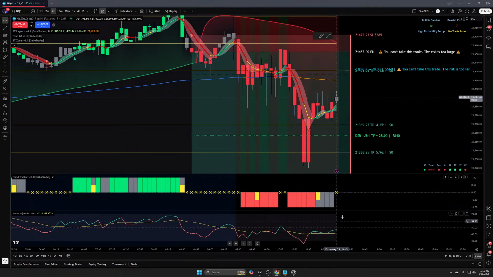Otherwise, it's flat. They're trending down. As you can see here, the trend is down. And for the most part, the trend's been down because we've been below 50 pretty much all day, with exception to 10:15, which was around the data.